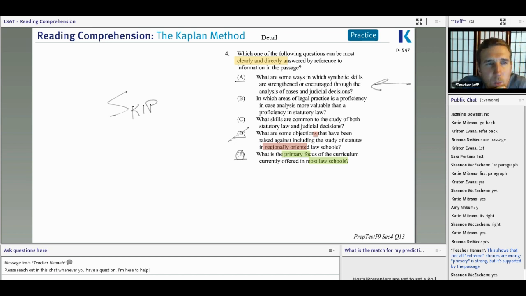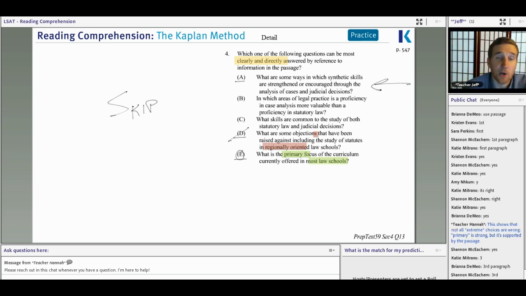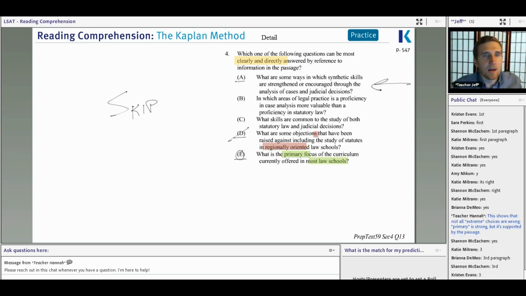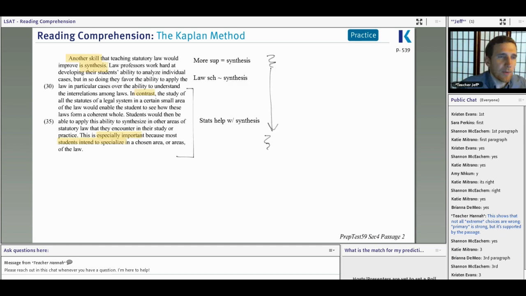This one says, what are some ways in which synthetic skills are strengthened or encouraged through analysis of cases and judicial decisions? Okay, where was synthesis talked about? Again, let's keep up with this theme of researching. Synthesis is in paragraph 3, right? We know where to go for that. So go to paragraph 3.